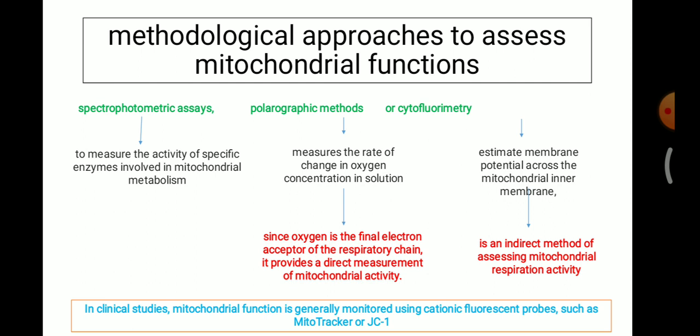Since oxygen is the final electron acceptor of the respiratory chain, it provides a direct measurement of mitochondrial activity. The third method is cytofluorimetry, which estimates membrane potential across the mitochondrial inner membrane, but it is an indirect method of assessing mitochondrial respiratory activity.